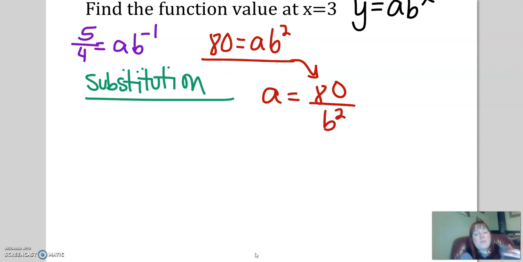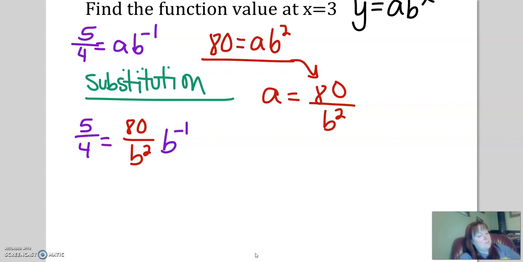So now we know that A in both of these equations equals 80 over B squared. So anywhere there's an A, I can put 80 over B squared. I come back over to this one and I have 5/4 equals, and then instead of my A, I put in what I know A equals, which is 80 over B squared times B to the -1. Now I can combine it.